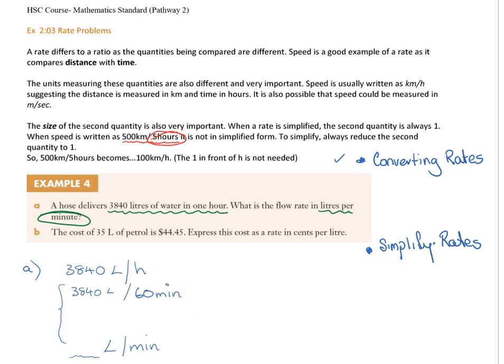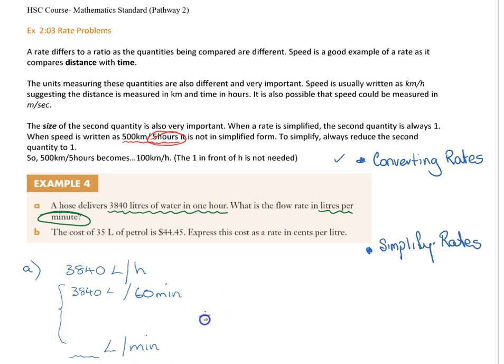Now, all I've done is replaced the unit. I haven't changed the size of it. I've just replaced the unit with a conversion that I know. 1 hour, 60 minutes. In my next step, I'm going to have to change the size of the unit. I'm going from 60 minutes down to 1.